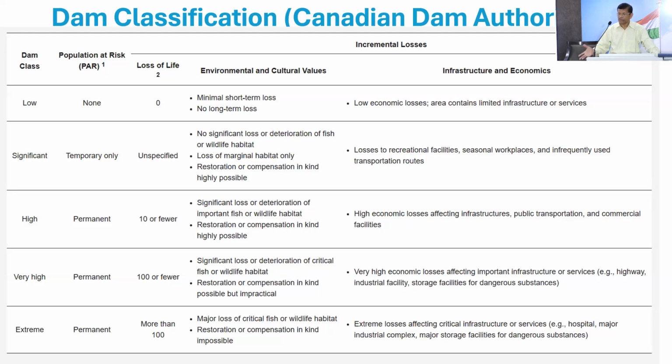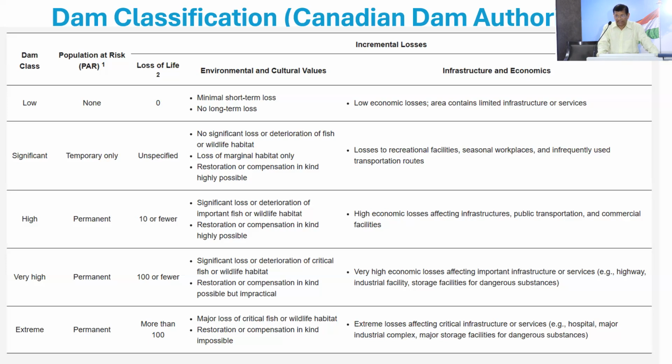After the loss, we can do some restoration work and bring it back to normal very quickly. Losses to recreational facilities, workplaces, and infrequently used transportation routes. Those transportation routes are also not vital. That's why this is called significant.